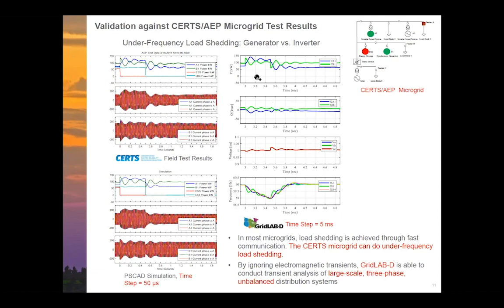You can see how the output power matches well with the field test results, how the frequency is driven down, and what the voltage looks like. So that means with this modeling approach, GridLAB-D is able to conduct transient stability analysis for large-scale distribution systems, potentially with thousands of nodes and hundreds of thousands of inverters.